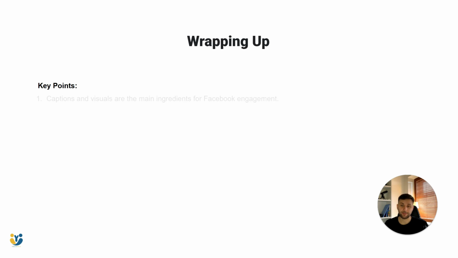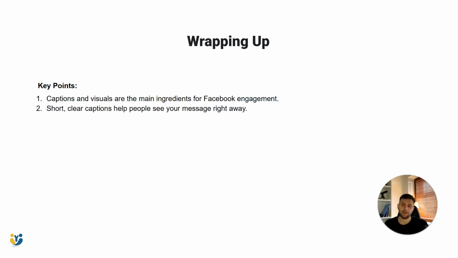So wrapping it up, key points. Captions and visuals are the main ingredients for Facebook engagement. Short, clear captions help people see your message right away. Eye-catching visuals make your posts stand out in a busy news feed, right? Just be simple and be consistent.